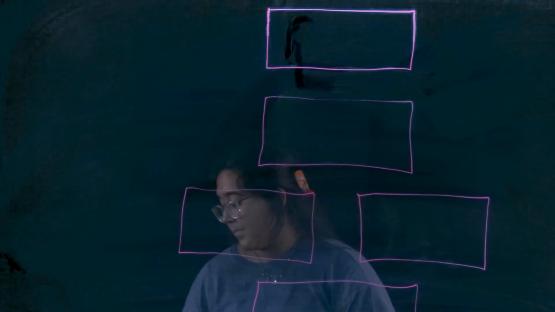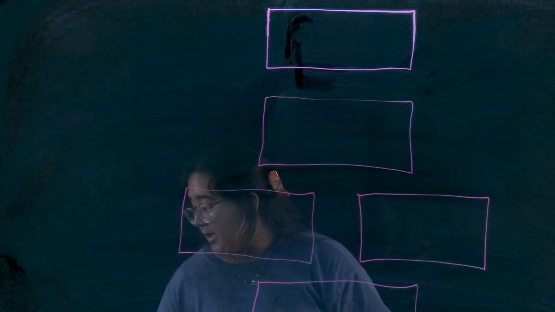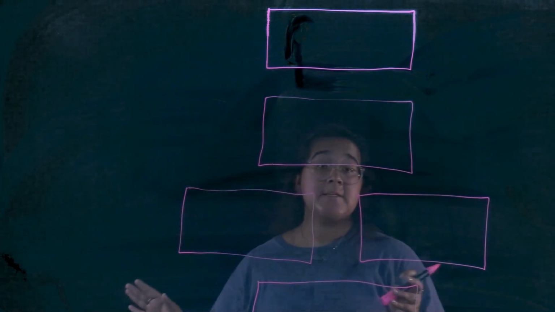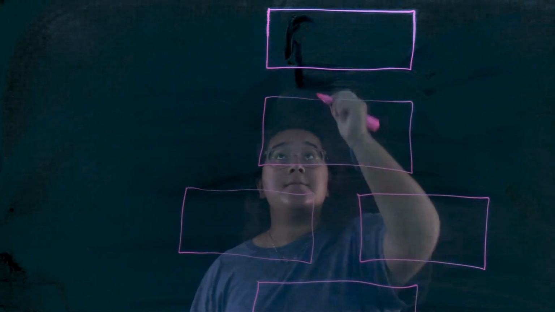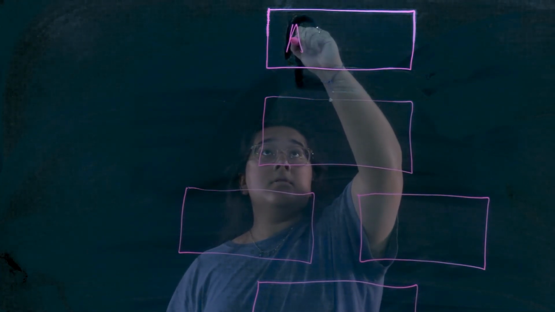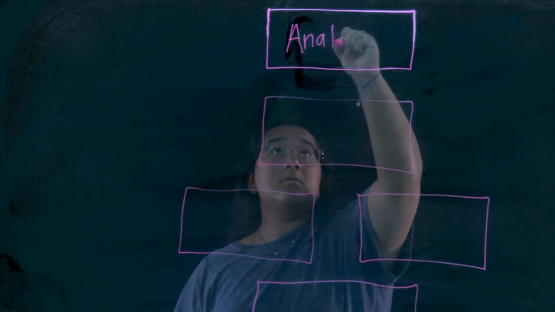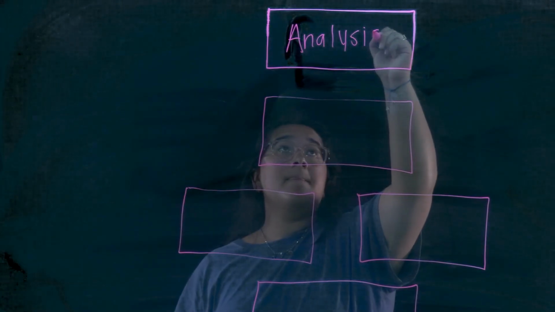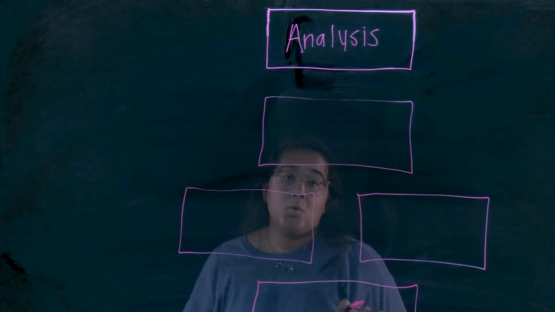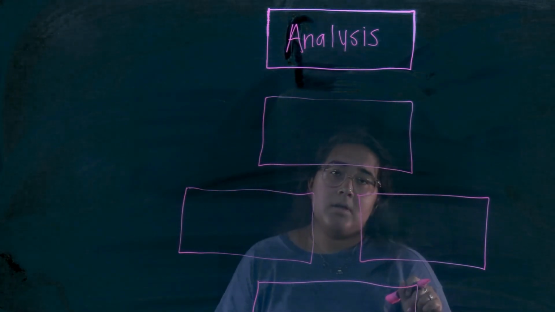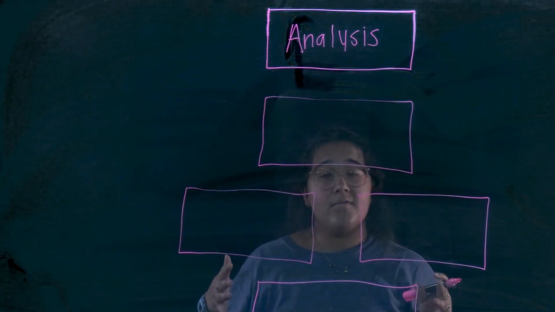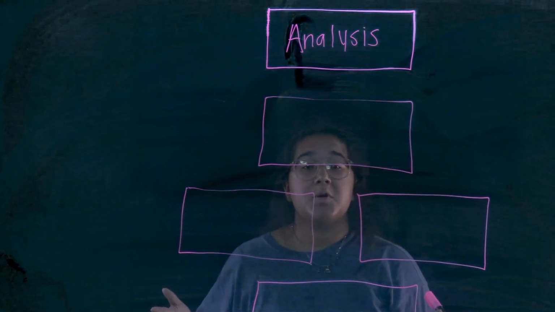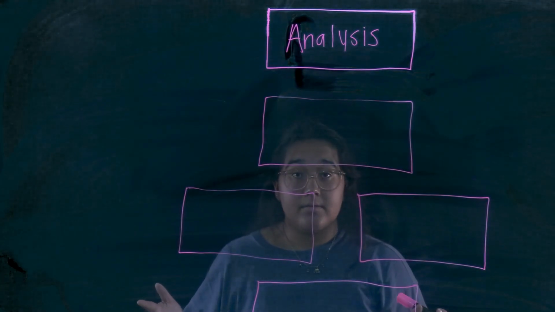All right, so in our top box, now that we've experimented, we have our data. We're going to analyze our data. So, what does it mean to analyze data? It means to create a storyline of what happened in your experiment and what that means.